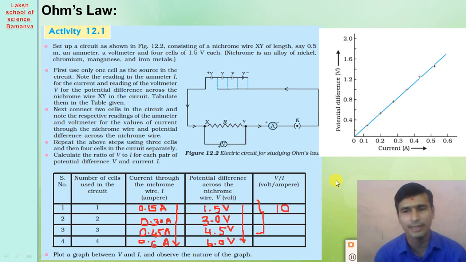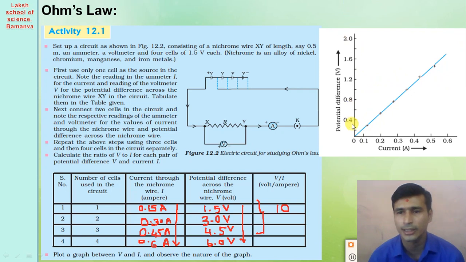So from this activity we can conclude 2 points. First point is, as the potential difference across the nichrome wire increases, the electric current passing through the wire increases. If we take any conductor, as the potential difference increases, the electric current passing through the conducting wire increases.